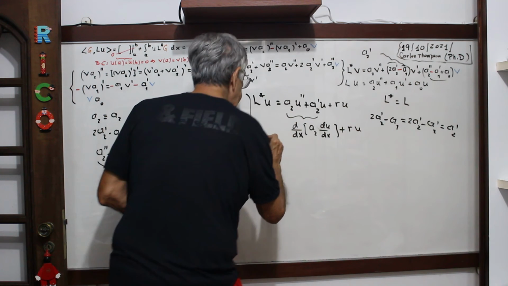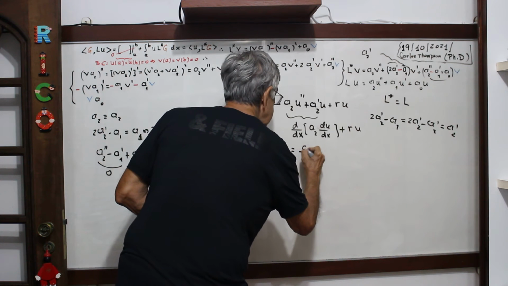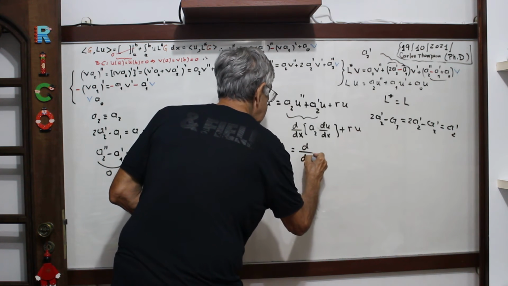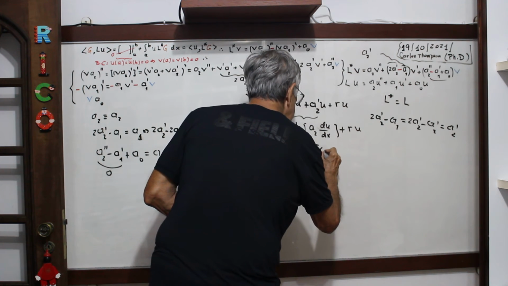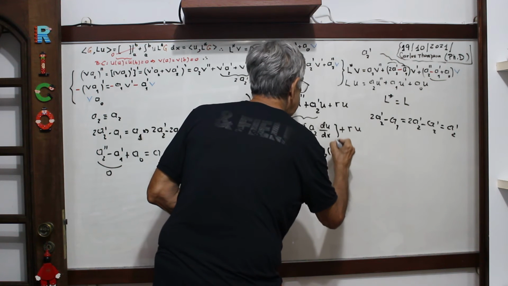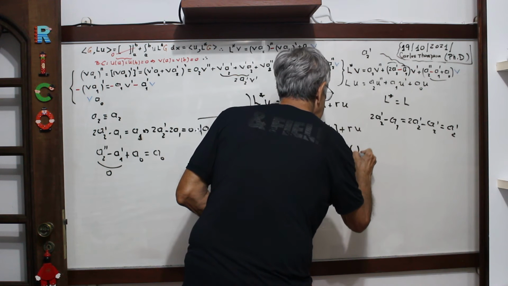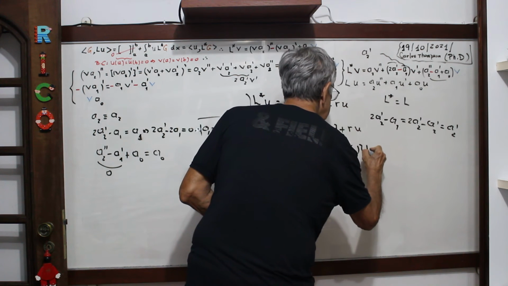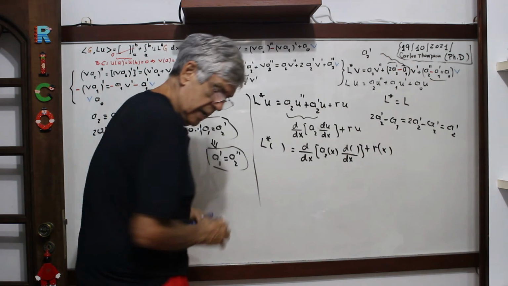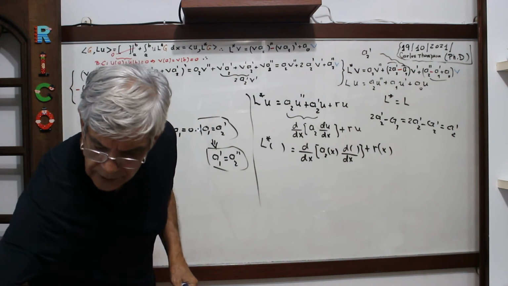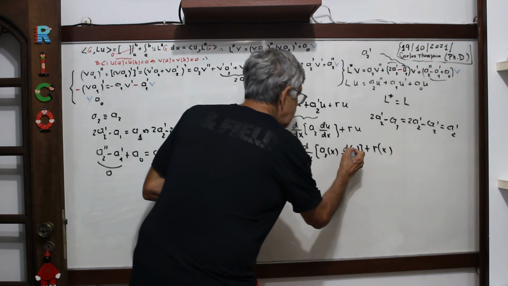So this is the self-adjoint operator: d/dx, A2 of x, d/dx, plus R of x. That's the operator, and I like to emphasize this operator here and there.